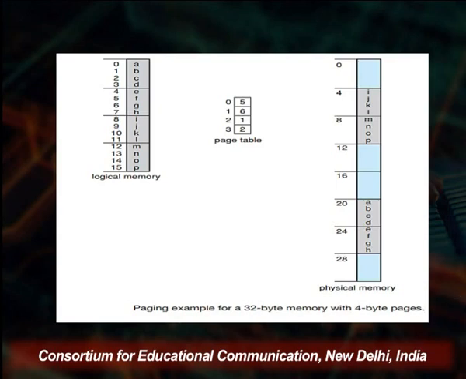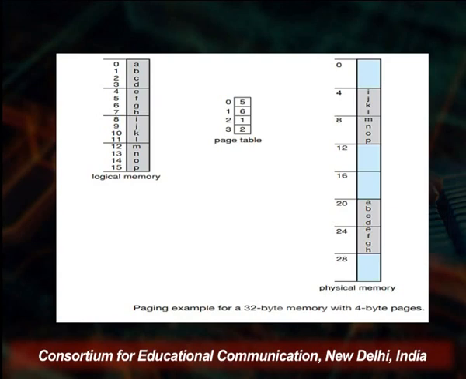And here we will also be calculating the offset, but this example is representing a 32 byte memory. Now, why 32 byte memory? Because here we have 8 chunks, we can say. So, 32 actually comes from 8 times 4, as each page is of 4 bytes.